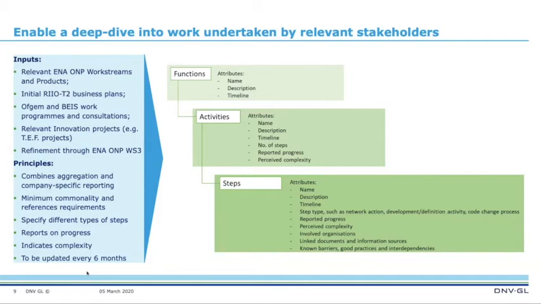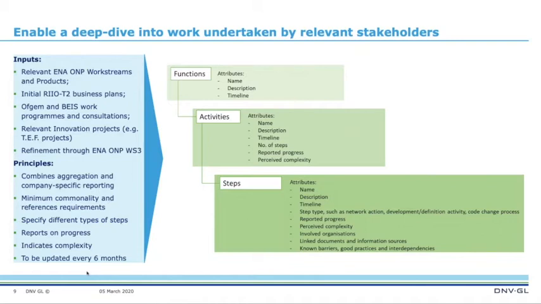Now, in terms of the roadmap's actual design, there's a couple of principles or components that I would highlight. Firstly, as you can imagine, there's a lot of stakeholders involved. So in order to make this presentable and accessible to you as stakeholders, we've aggregated in various ways the way we capture companies' activities against delivering steps.